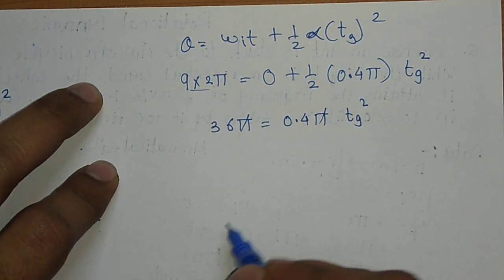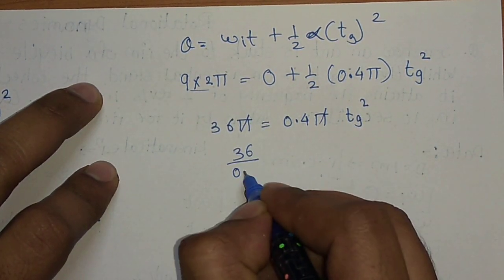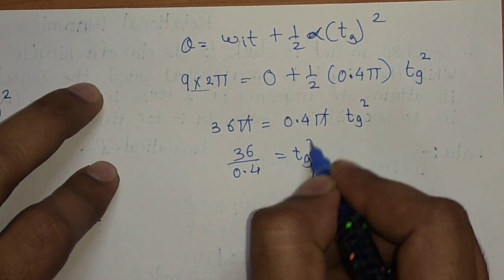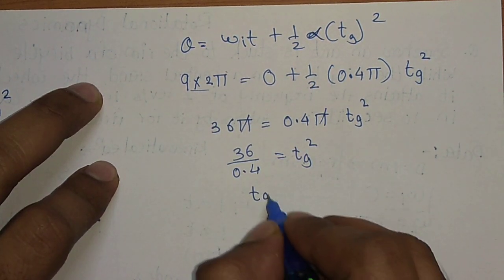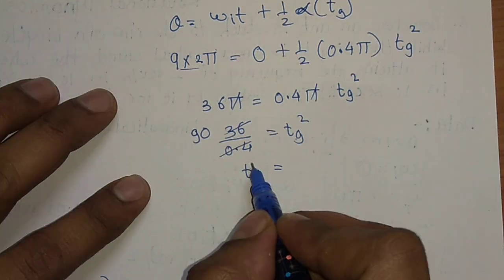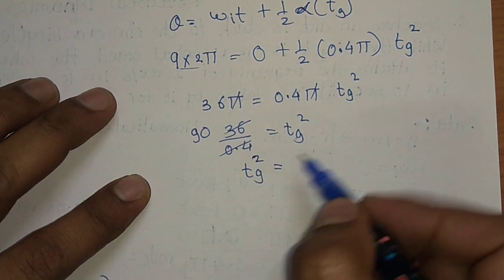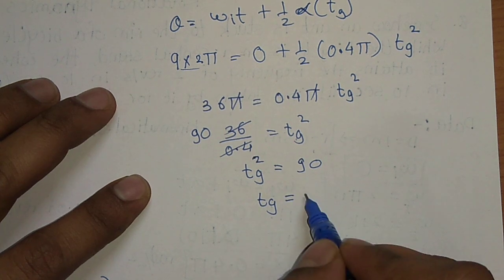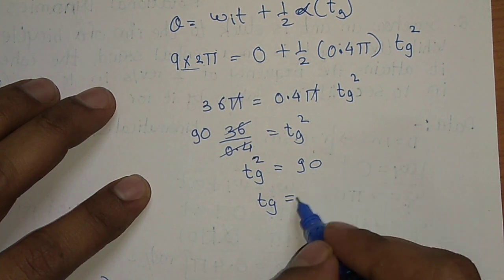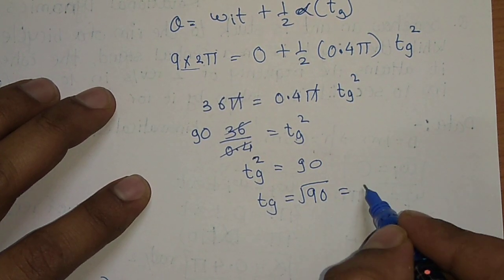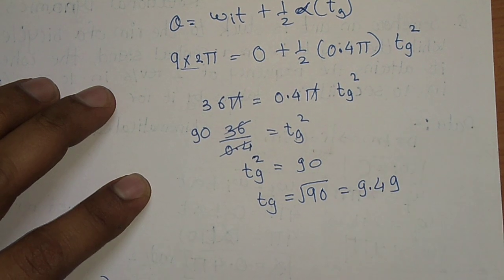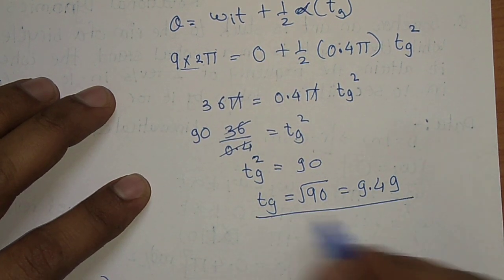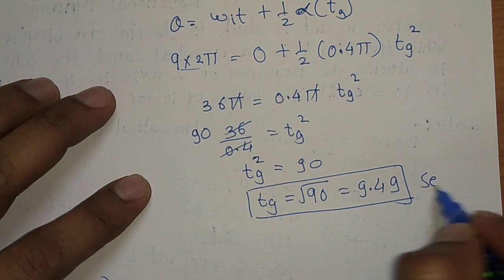Pi will get cut out, so 36 divided by 0.4 equals t9 square. What is the value of t9 square? It equals 90. So what is the value of t9 only? It is root of 90, which is equal to 9.49. So right now you have the value of t9.